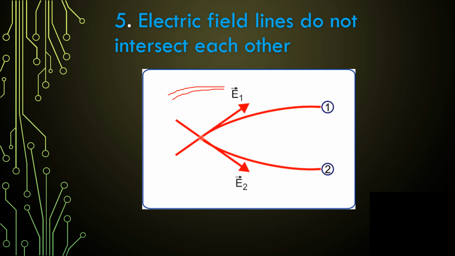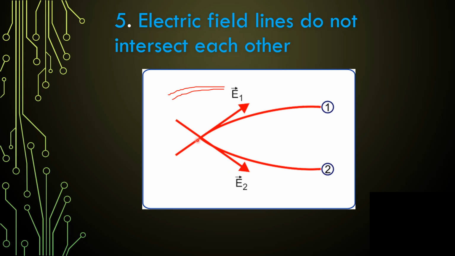Then what happens? At the point of intersection, you can draw two tangent lines at a time, right? You know that a tangent line shows the direction of the electric field. And we know that an electric field line is the direction along which a test charge moves, right?